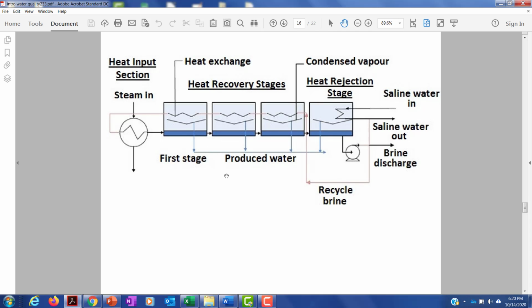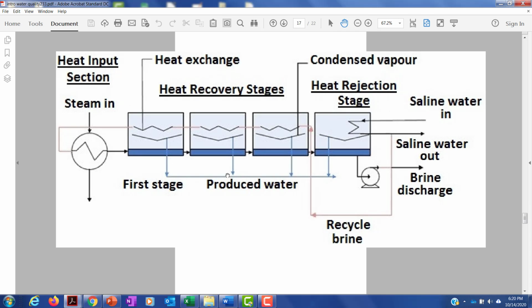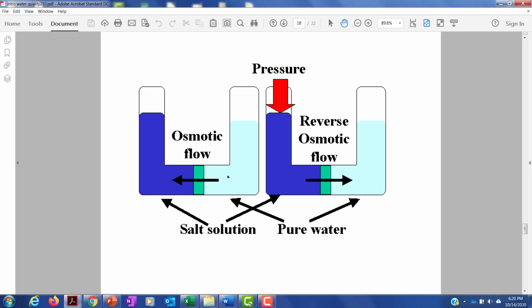It's not very efficient. The current technology is called reverse osmosis. This technology is widely being used and expanded, and in a lot of ways is a big part of our future, because with it you can take water with salt in it and push it through what amounts to a very fine filter. The salts stay behind and the H2O molecules go through.